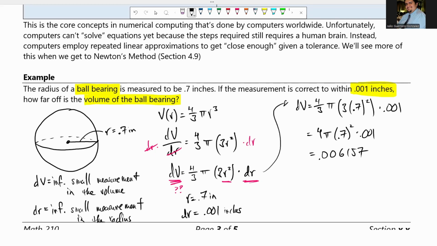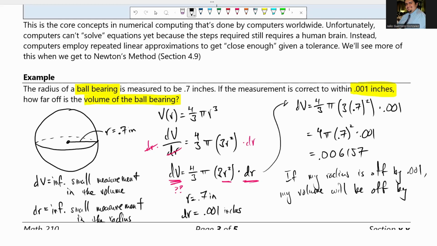So what this is saying is this: well, let me start using units for real. An error of 0.001 inches in the radius will be off by 0.006157 inches cubed in the volume.